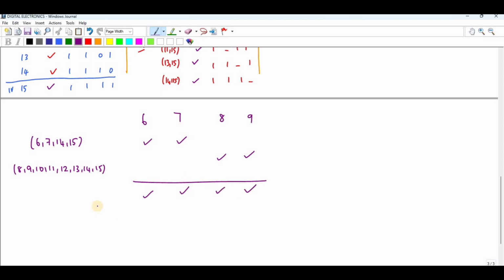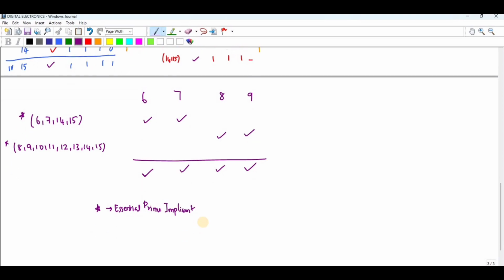Okay, so 6 is available here, 7 is also available here, and 8 is available here. So the starred element is called an essential prime implicant. So what is the value of 6, 7, 14 and 15?